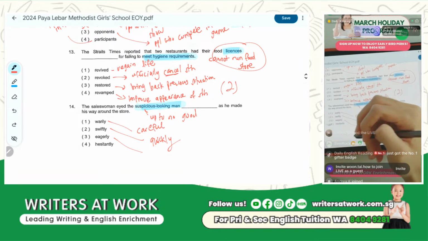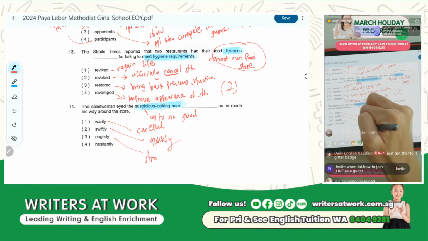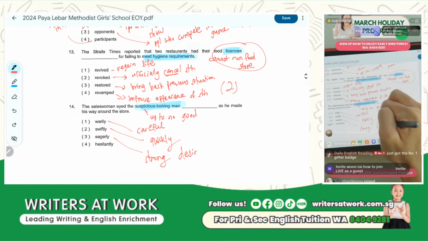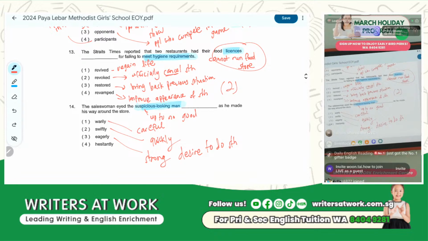Thirdly, we have the word eagerly, which means that you have a strong desire to do something. So for example, the children were eagerly asking questions because they're very excited about a particular topic or a particular event.